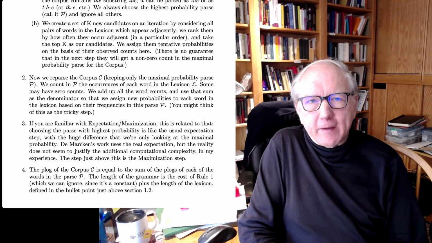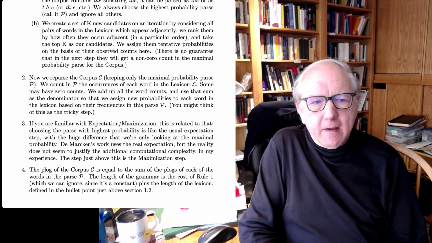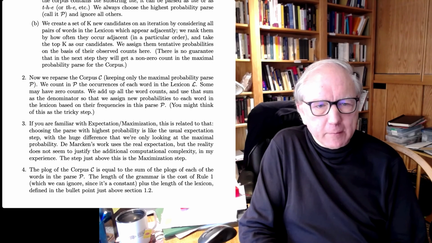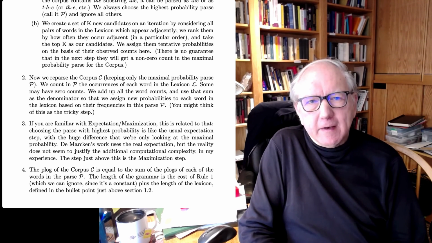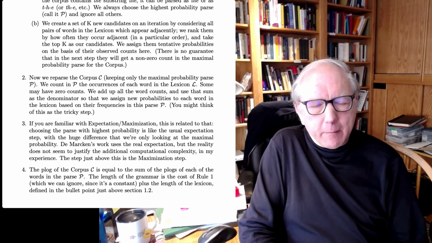If you're familiar with expectation maximization, this is related to that, with the huge difference that I'm only considering one parse of the string rather than all possible parses. So what I did is similar to the expectation step, but I just took the maximum probability parse.